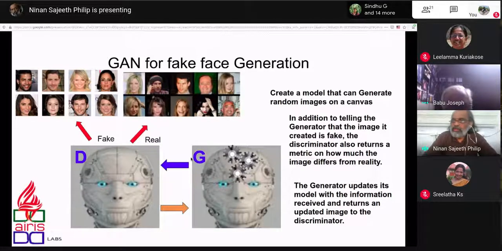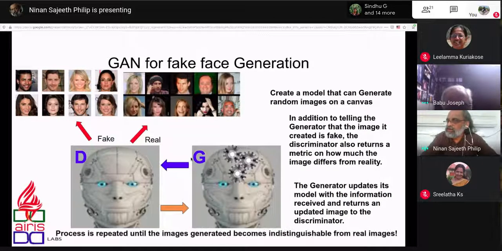This process continues until the images generated become indistinguishable from the real images, which means that, just as in the case that I show here, the fake images look very much real. So this is how these fake images are created, and this is an active area of research.